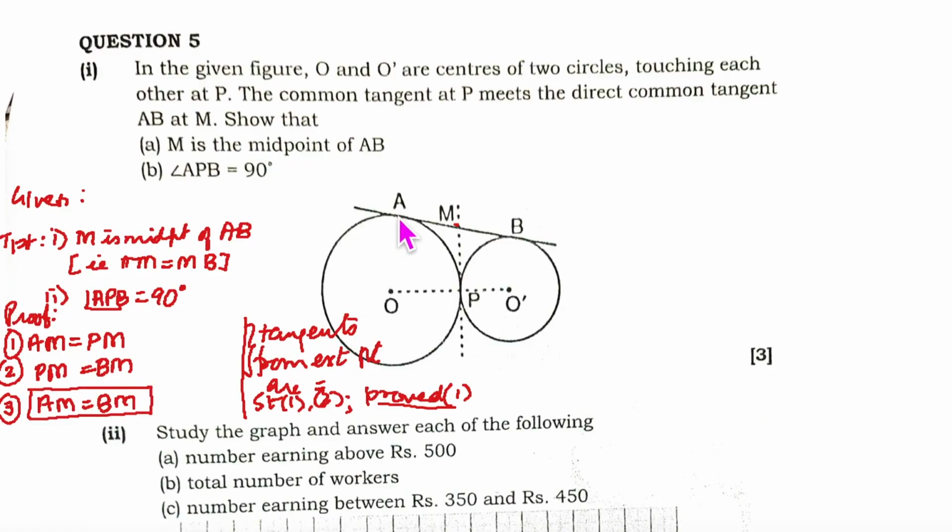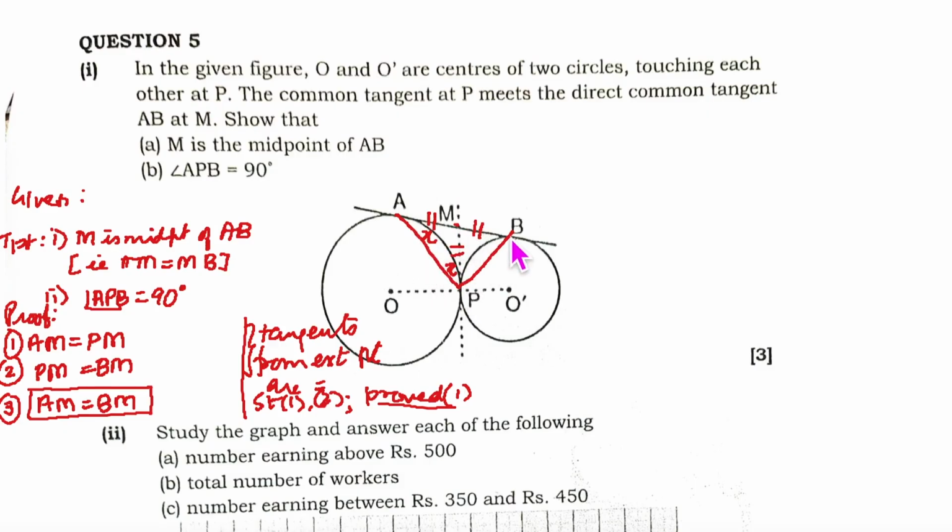Now APB means you will have to join this and you will have to join this. Now in this case you will see this becomes an isosceles triangle, correct? In this triangle, show this equal to this and show this equal to this. So in this triangle, what you will say, X and X, means angles opposite equal sides are equal, correct?